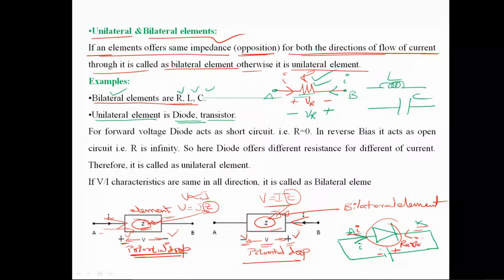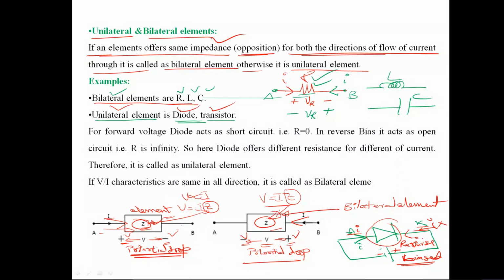This is reverse biased, which you are going to study in EDC. So your diode does not allow the current I in this direction. That is why the diode is called a unilateral element.